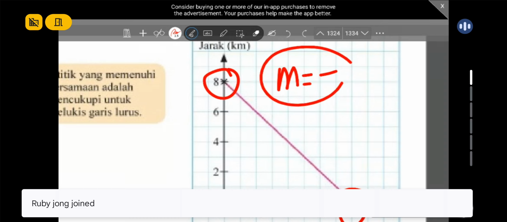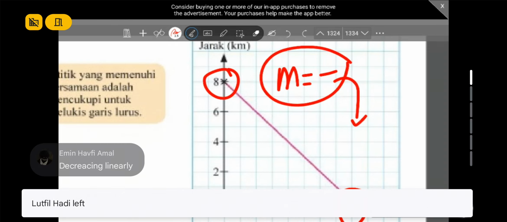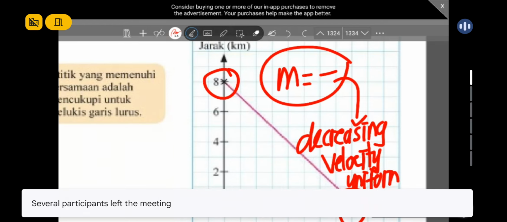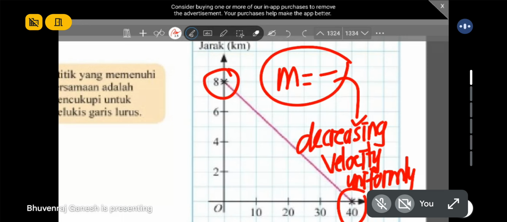So a negative gradient means that, yes, correct, it is decreasing velocity uniformly. Okay, we use the word uniformly, guys, for those who take English. Uniformly or constantly. It is velocity that decreases uniformly.